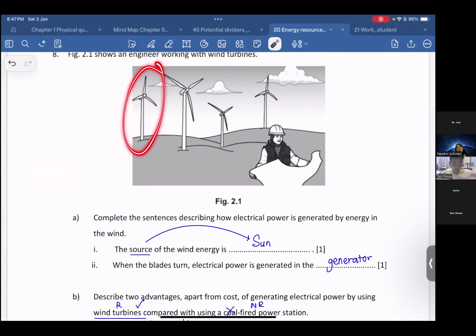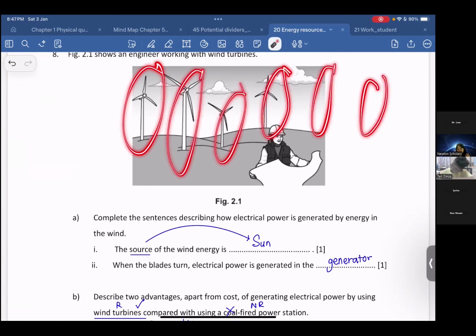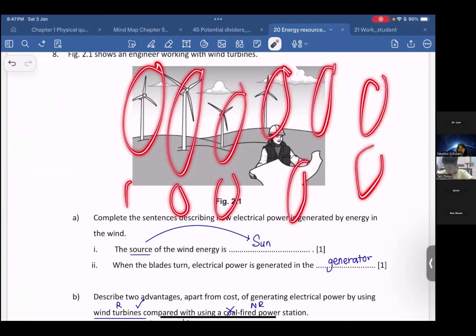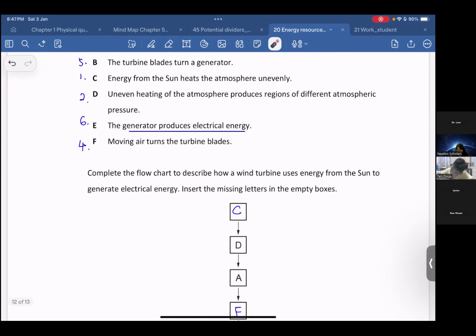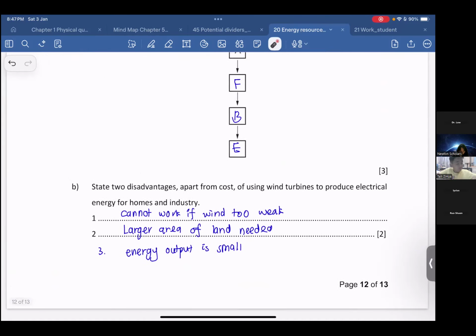So in order to generate enough energy, we need a lot of turbines. If we need a lot, then we need a large land for us to build the wind power station.